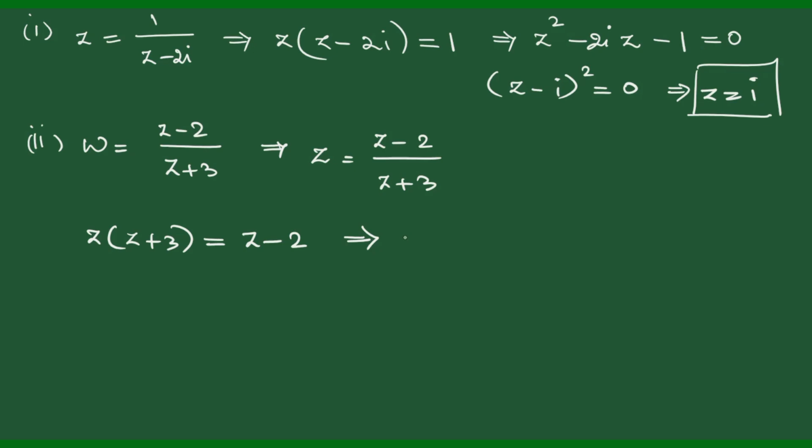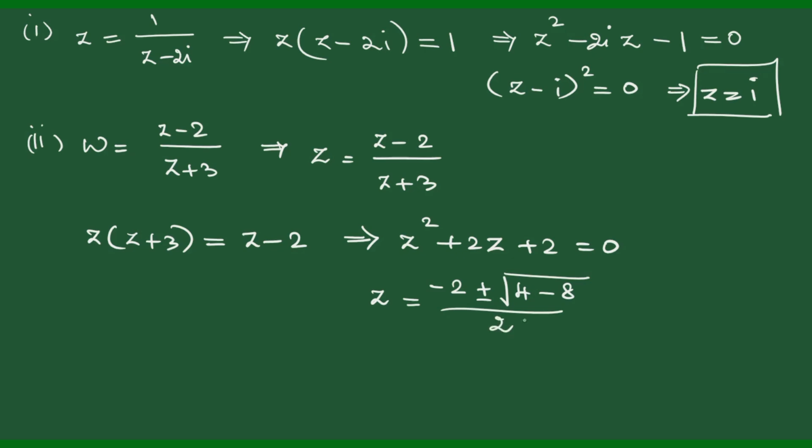If we simplify this, it reduces to a quadratic equation, Z² + 2Z + 2 = 0. Now we can use the previous formula: Z = (-b ± √(b² - 4ac))/2a, where b² is 4, 4ac is 8, and 2a is 2.